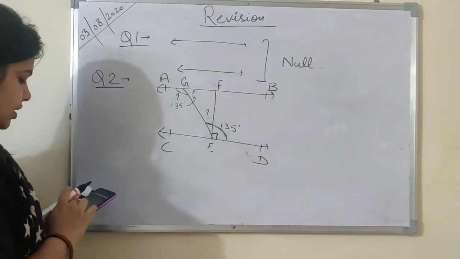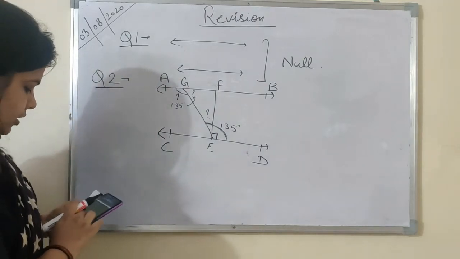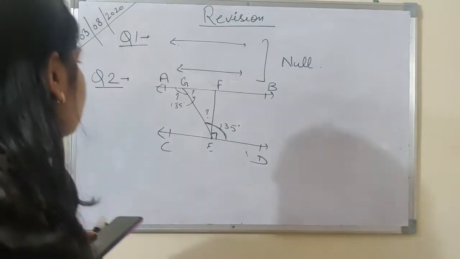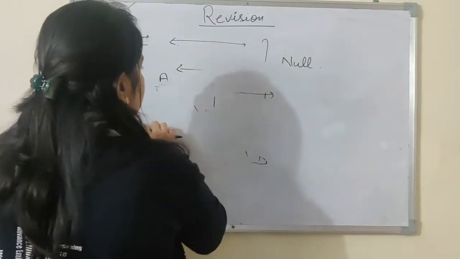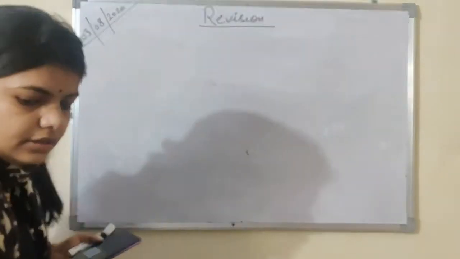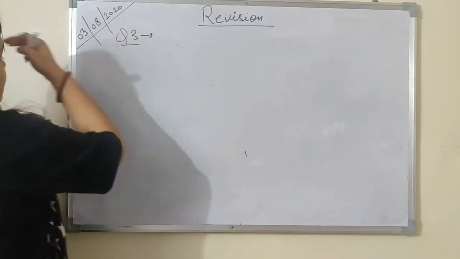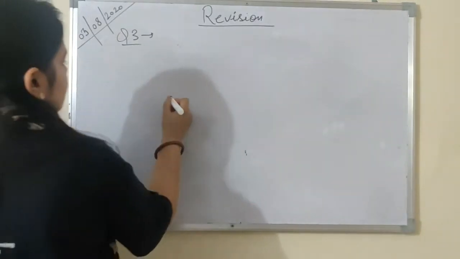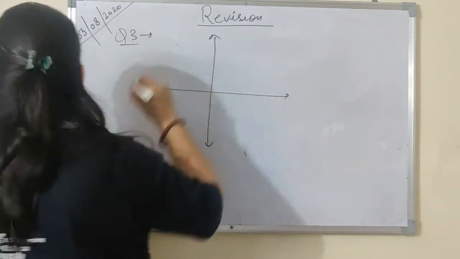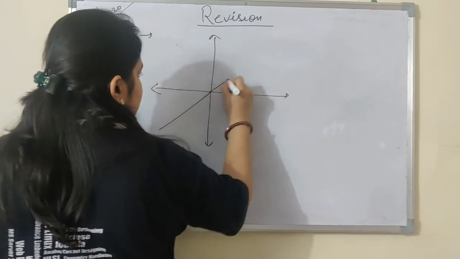Then come to question number 3. Now in question number 3, your figure is that there are two lines given to us which are perpendicular to each other.